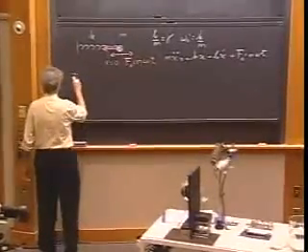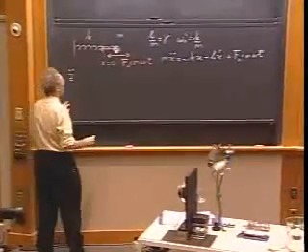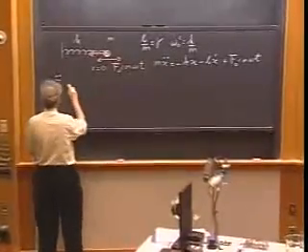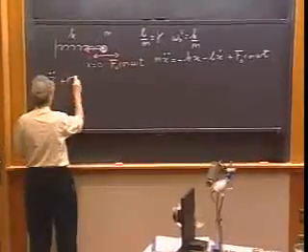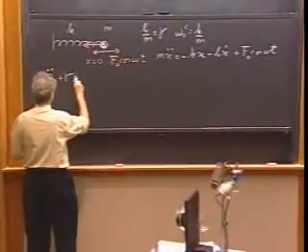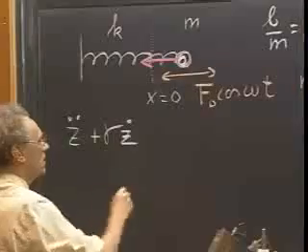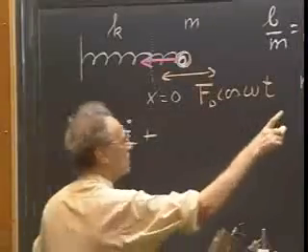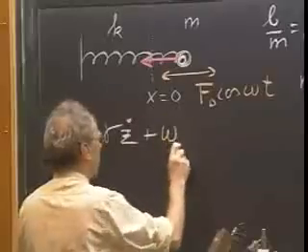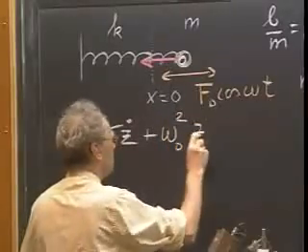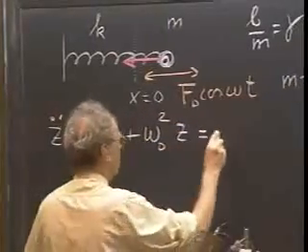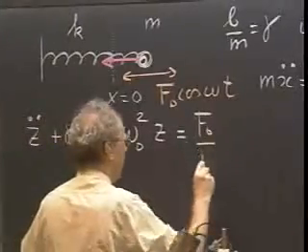So I'm going to write this in terms of z double dot. I divide m out. We get plus gamma times z dot plus omega 0 squared times z, and that now becomes F0 divided by m.